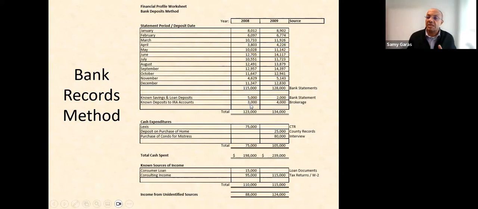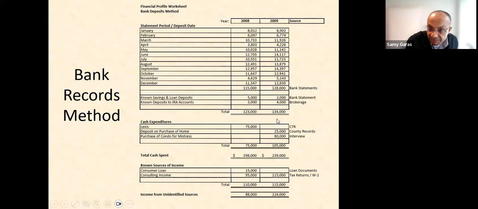This gives me the legitimate source of income that comes to the credit, plus the cash expenditure here that we don't know where this cash is coming from. We add them together: 123,000 plus 75,000, we get 198,000. So this is all the income that came to the criminal, whether from the bank statement or any other source.